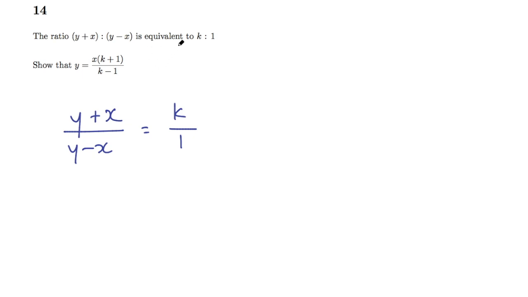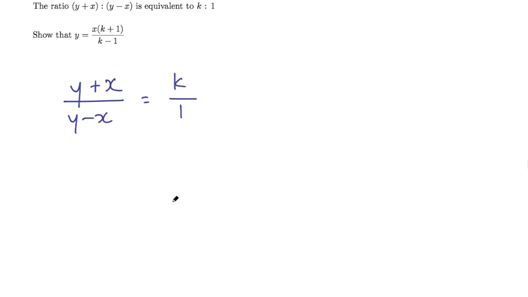I'd say the hardest part is getting the starting point. Once we've got that, we need to rearrange and end up with this finishing point, showing that y equals all of this. I've done a video on algebraic fractions as well, if you're not confident with that topic, but rearranging algebraic fractions should be something you're familiar with by year 11.